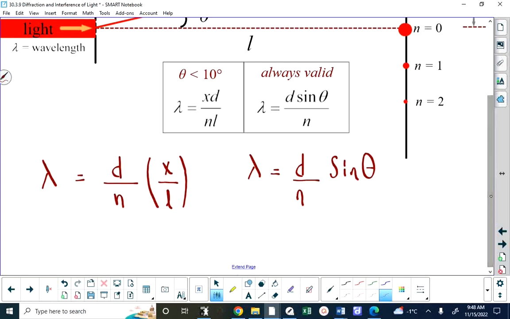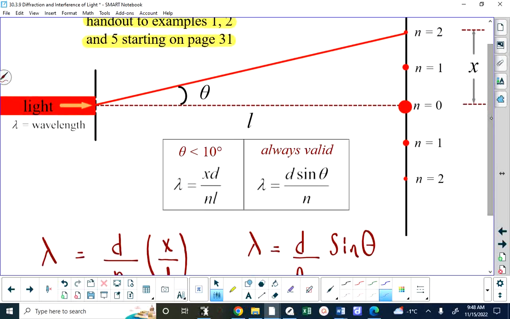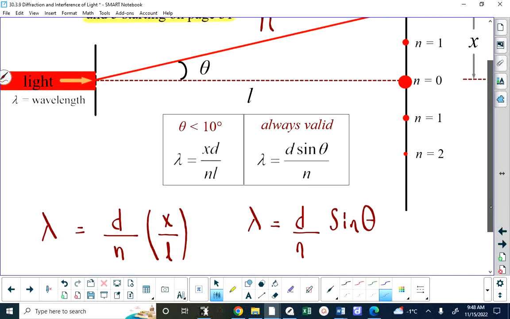Now, sine of theta, if you look at this triangle, sine of theta is in a triangle opposite over hypotenuse. This is the hypotenuse. And the fact of the matter is the geometry of those concentric circles gives us this formula, lambda equals d sine theta over n. It works. Okay, it's valid. When you look at x over L, x is opposite, but L is not the hypotenuse.